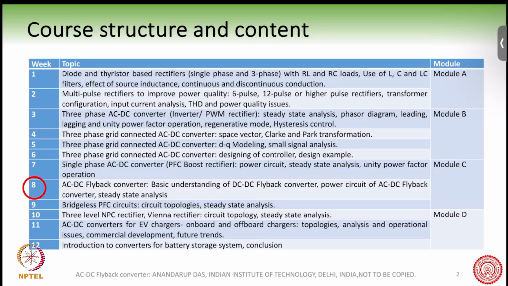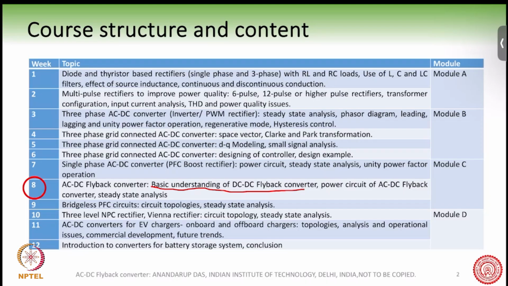In the previous lecture, in the same week, we had covered the DC-DC flyback converters in detail, and we understood how the isolation works and what the operating modes of the converter are, with the switch on and the diode on.